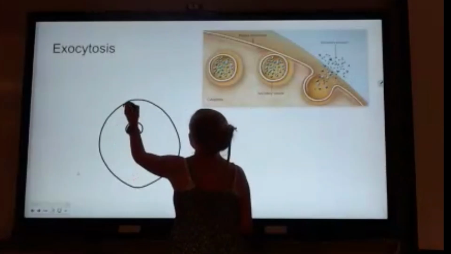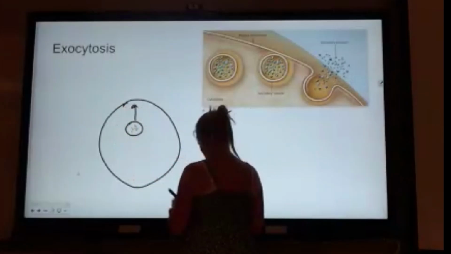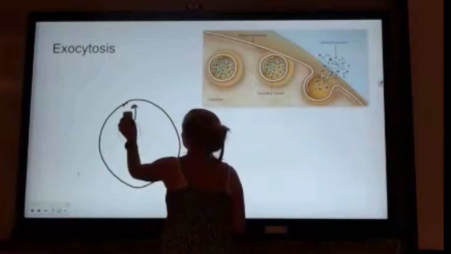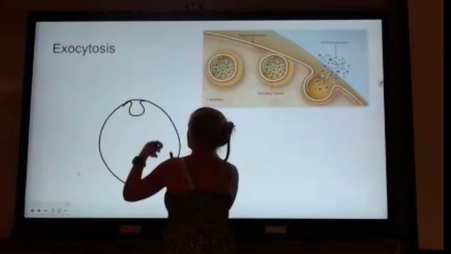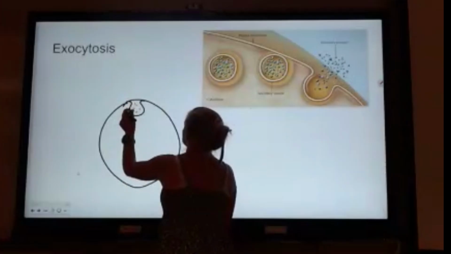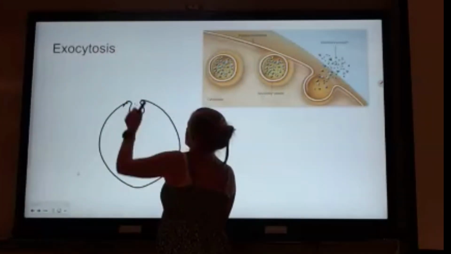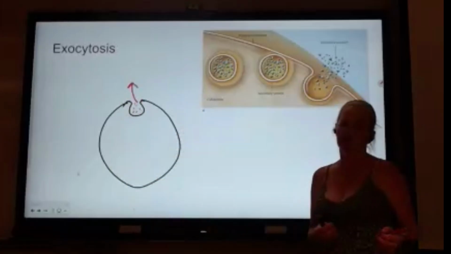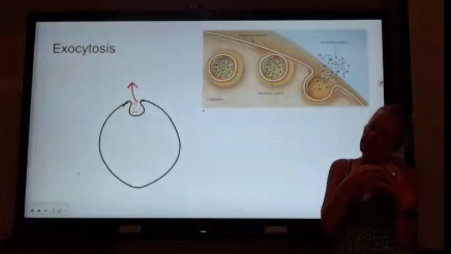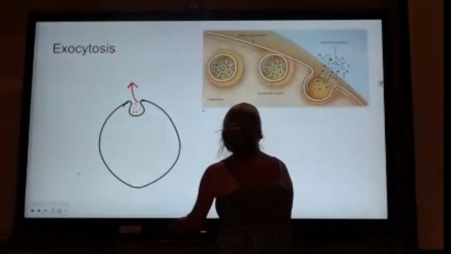This vesicle is going to move and fuse with the plasma membrane. And that's going to allow the export of all that stuff the cell doesn't want in its body. Okay.